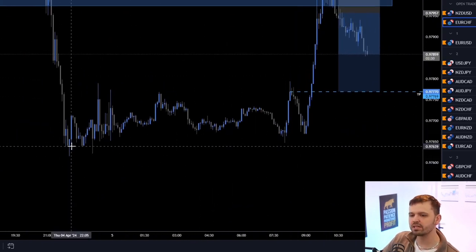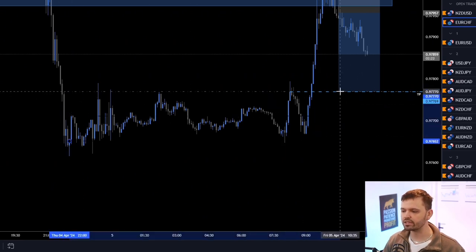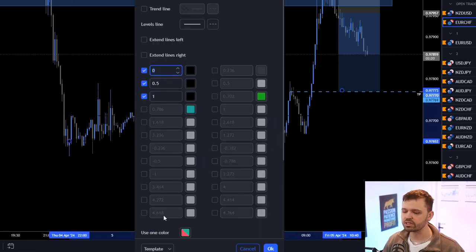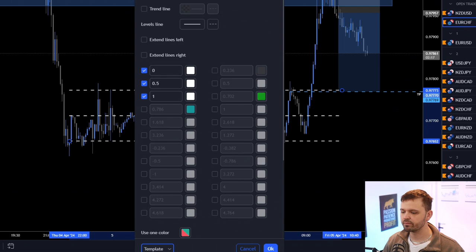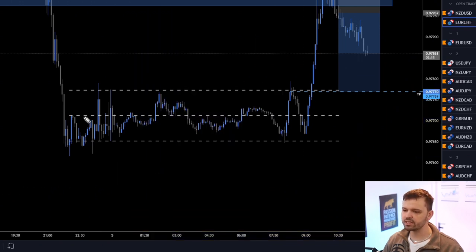Imagine that you're watching the higher time frames here. Imagine that now this is on the 5 minute, right? But imagine that you're watching the daily or the weekly, and you have this range right here. Now obviously, if this is the average price, this move here is very extreme.